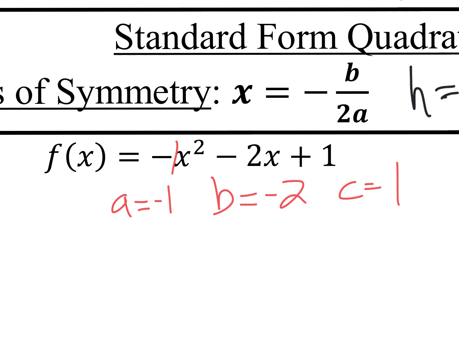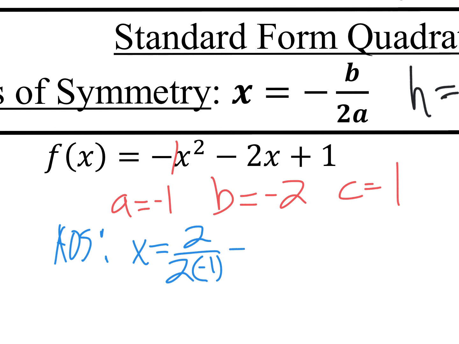So when I do my axis of symmetry, that says x equals negative b over 2a. I'm going to say x equals, well, if it says negative b and b is already negative, then it'll turn positive. So I'll go positive 2 over 2a, so that means 2 times your a value. Your a value is negative 1.